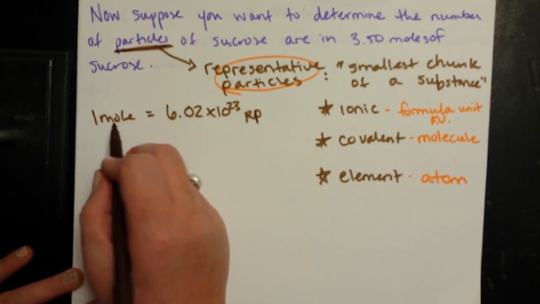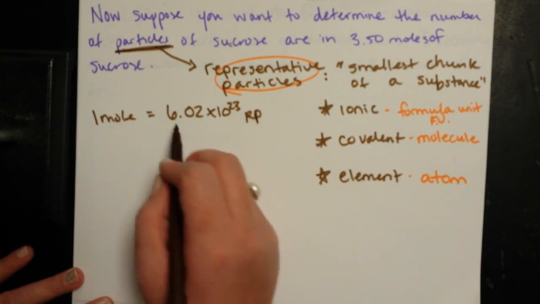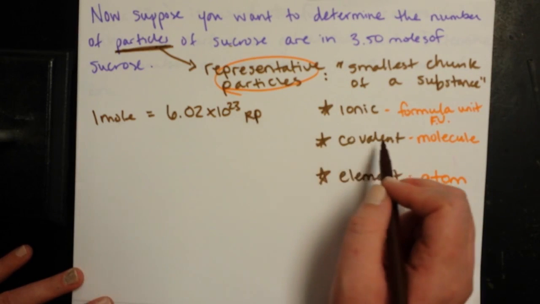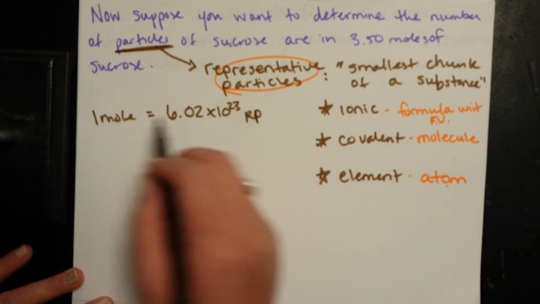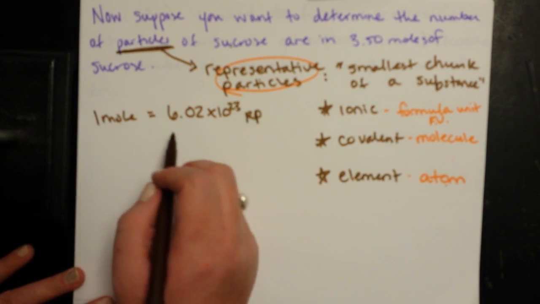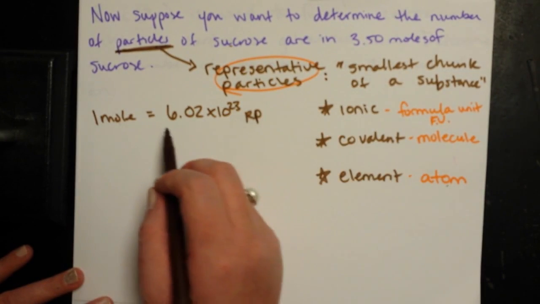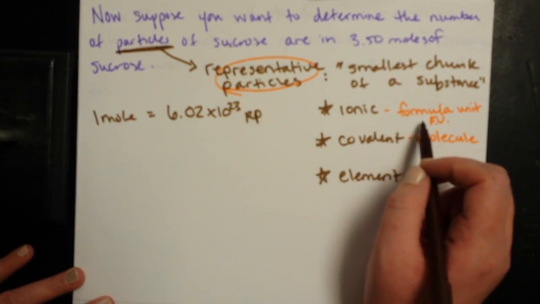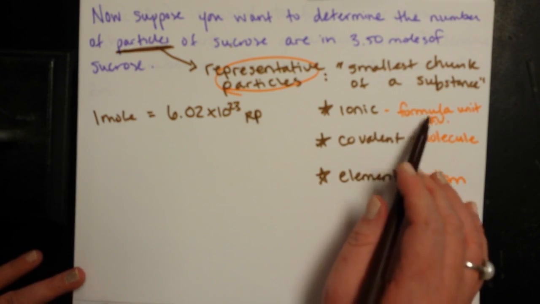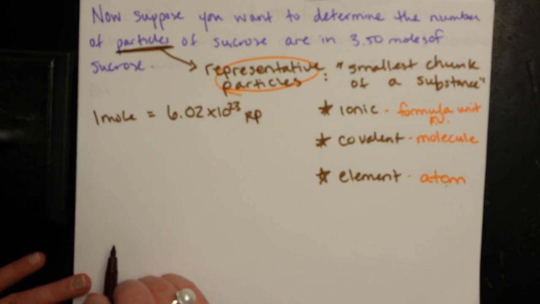So 1 mole of an element is 6.02 times 10 to the 23rd atoms. 1 mole of a covalent compound like water is this many water molecules. 1 mole of salt, which is an ionic compound, is Avogadro's number of formula units. It all works the same. It's the same relationship. It's just what you call that representative particle.